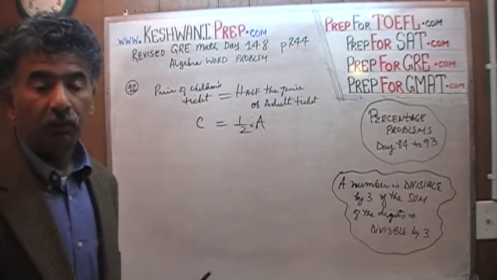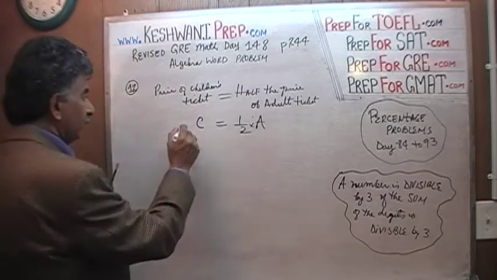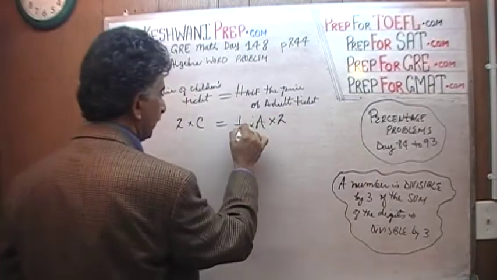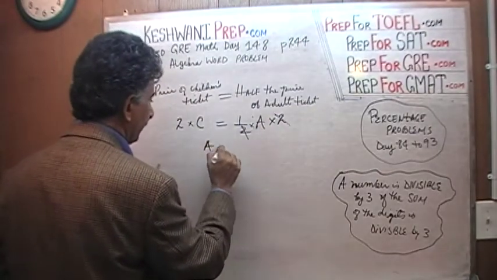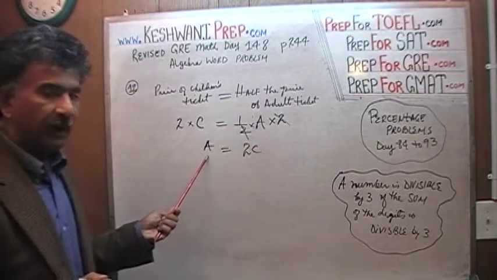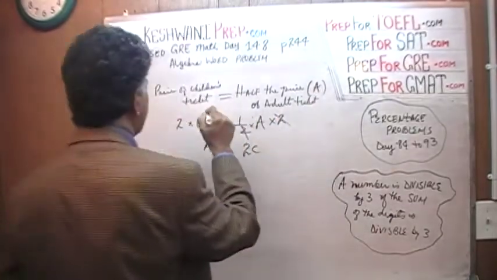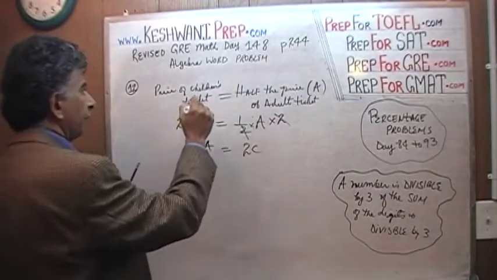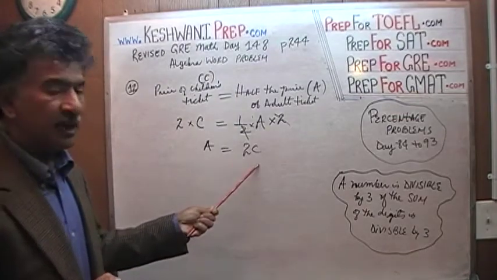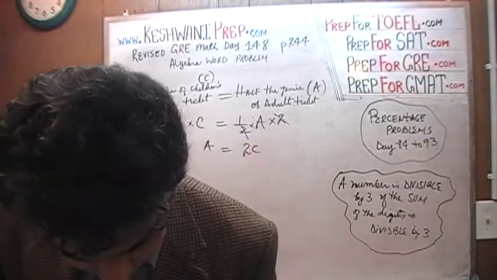To say the same thing differently, multiply both sides by 2, and what we end up saying is that the price of an adult ticket, which is what A is, is twice the price of the child's ticket. That's all it is.